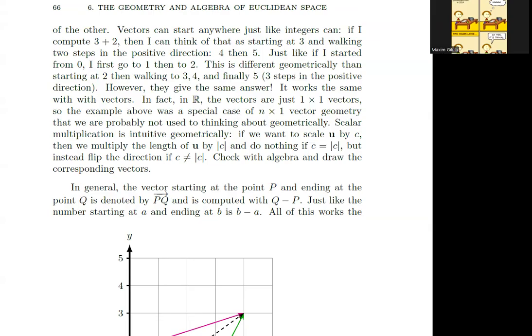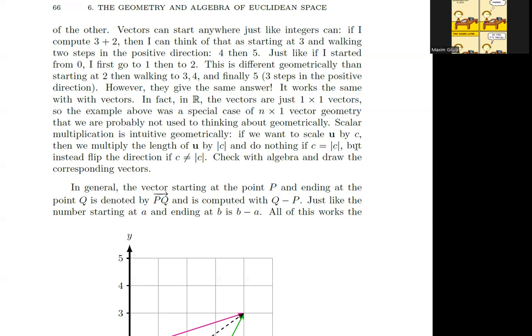Right? You start at 3 and then you count 4, 5. Or you can think of 2 plus 3 as something totally different. Take 2 and attach 3 to it. So 2, 3, 4, 5. We still get 5. So real numbers are also vectors. We could think of the same geometry there as well. So that's how we add.